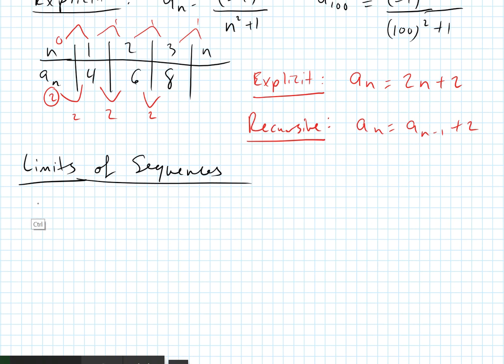If we take the limit as the number of terms goes to infinity of some sequence, which is a sub n, then it can equal a number, or it can't. It can equal a number, or it can go to infinity or negative infinity. Well, if it goes to a particular number, then the sequence converges.